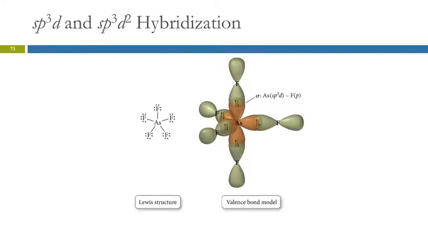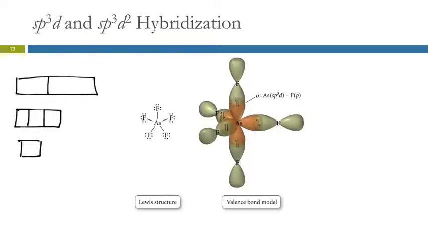You want to see the orbital diagram for that? So how many valence electrons does arsenic have? 5. So there's d and p and s. 1, 2, 3, 4, 5. Those are the atomic orbitals.